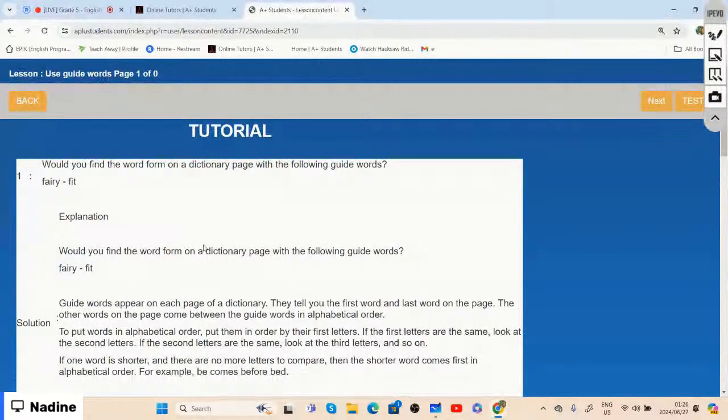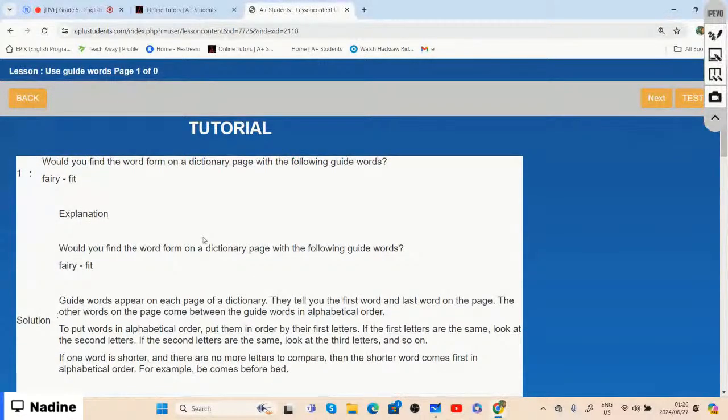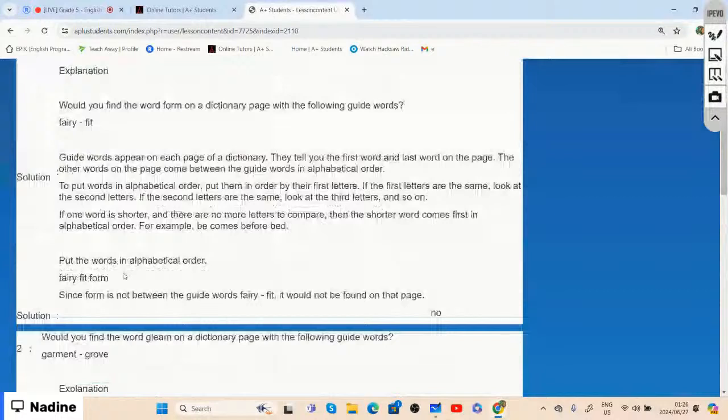And we said, when it comes to guide words, guide words appear on each page of a dictionary. They tell you the first word and the last word on the page, and the other words on the page come between the guide words.